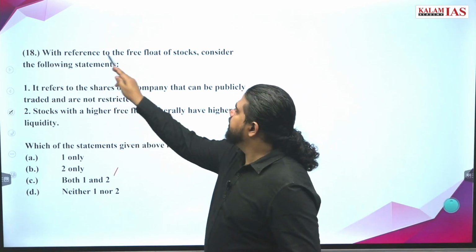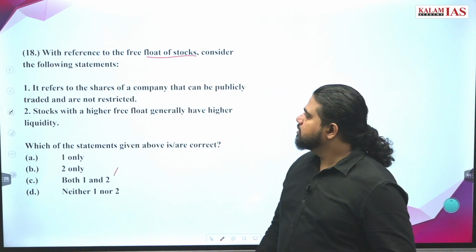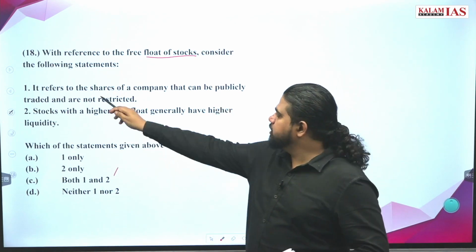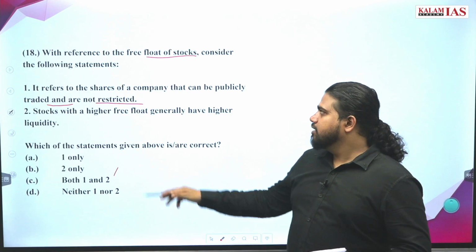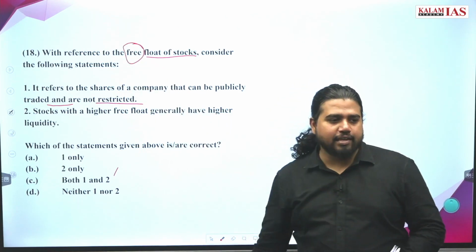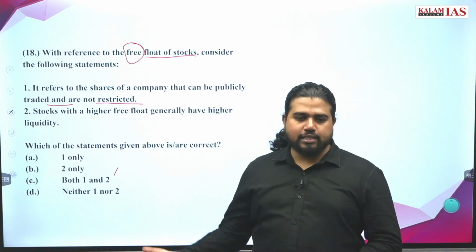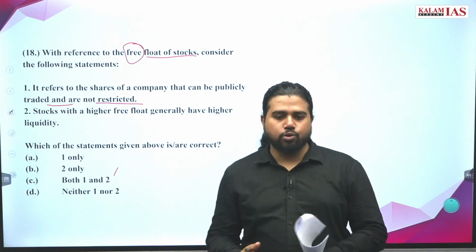See, with reference to free float of stocks, just relate with the name. It refers to shares of a company that can be publicly traded and not restricted. If some restriction is there, free float cannot come. Free float means those shares with no restriction on who can hold them.